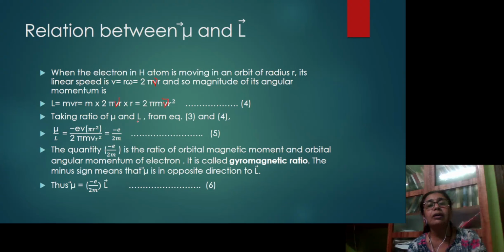Taking the ratio of mu and L. We have obtained earlier the expression for mu in the previous slide. So the ratio of mu and L will be minus e into nu multiplied by pi r square, that is current I multiplied by the area of cross section of the orbit, divided by the orbital angular momentum, 2 pi m nu r square.